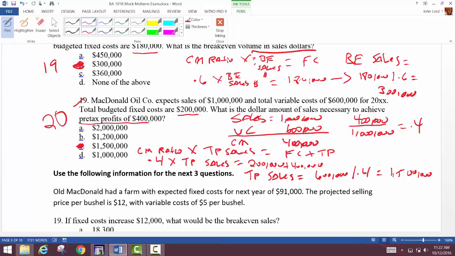And so what this question is telling me is that if you sell 1,500,000 of items, you're going to have 0.4 of that that's going to first go towards your fixed cost and then your profit, I should say. So my 1,500,000 times 0.4 I know is how much?